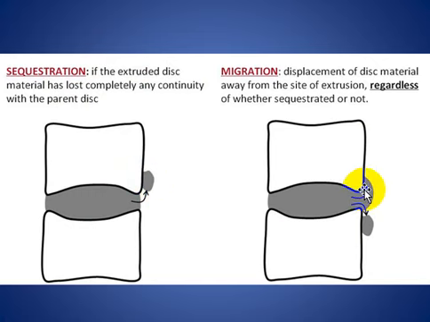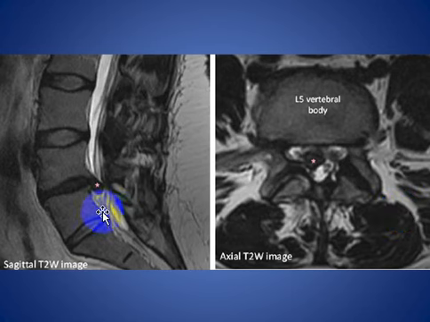Here it can be incontinuous with the parent disc or not. As we see here in the sagittal cut, disc extrusion, and here this is the axial type with migration downward, but it is still maintaining continuity with the parent disc.